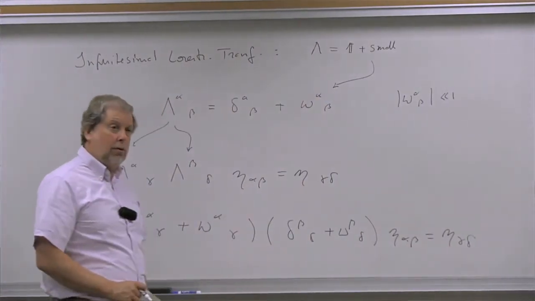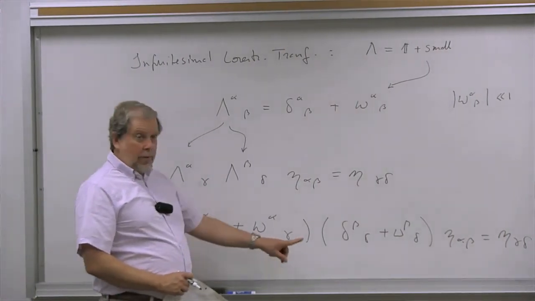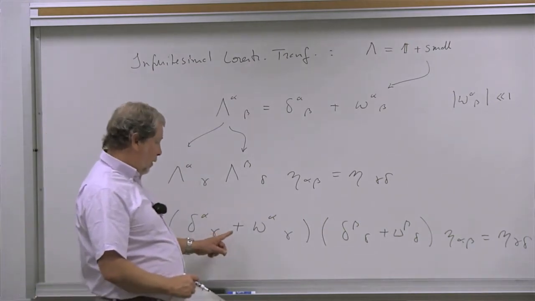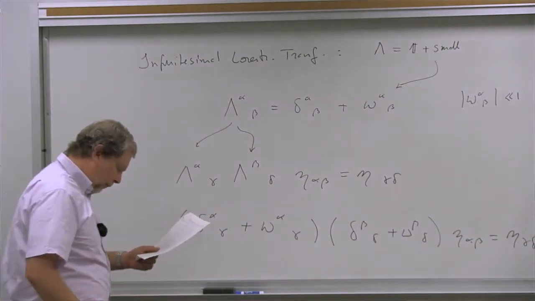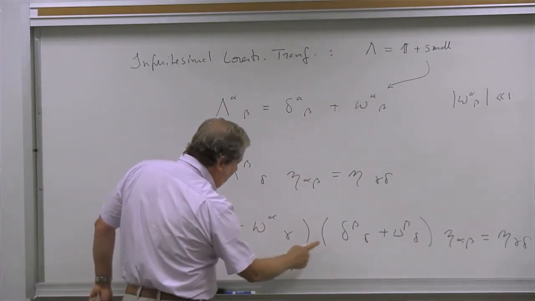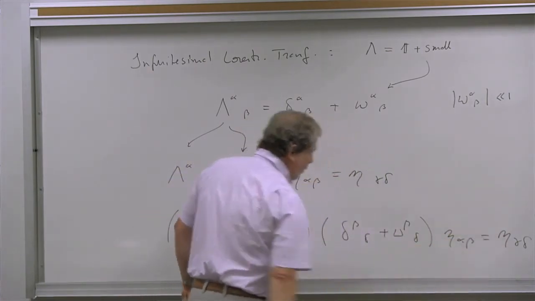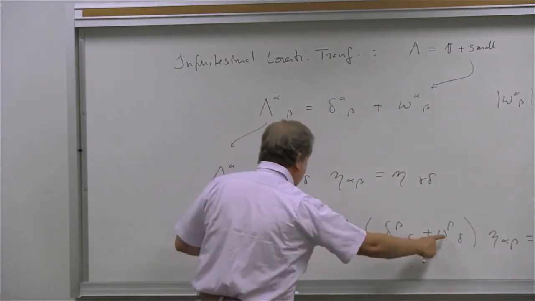So the 0th order is satisfied. There's also a quadratic term, the omega squared, which we drop because omega is small. So we only have to concern ourselves with the cross terms. So the cross terms give that omega alpha gamma times delta beta delta times eta alpha beta is equal to that, plus the other cross term, which is this Kronecker times delta.